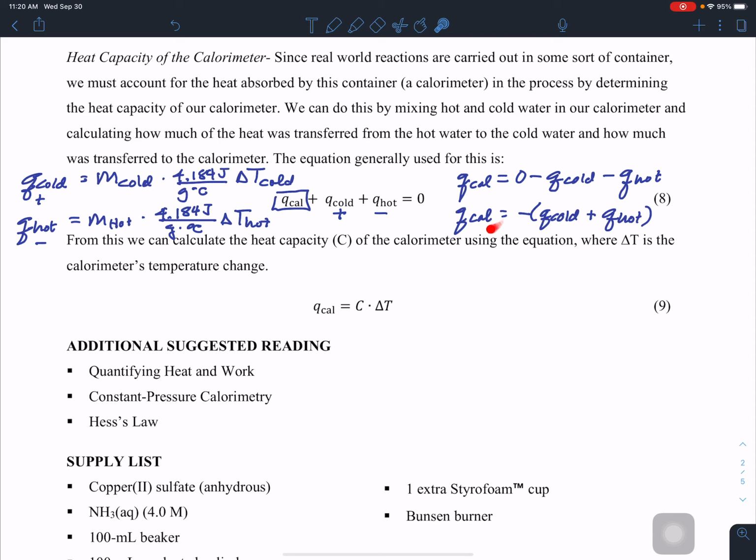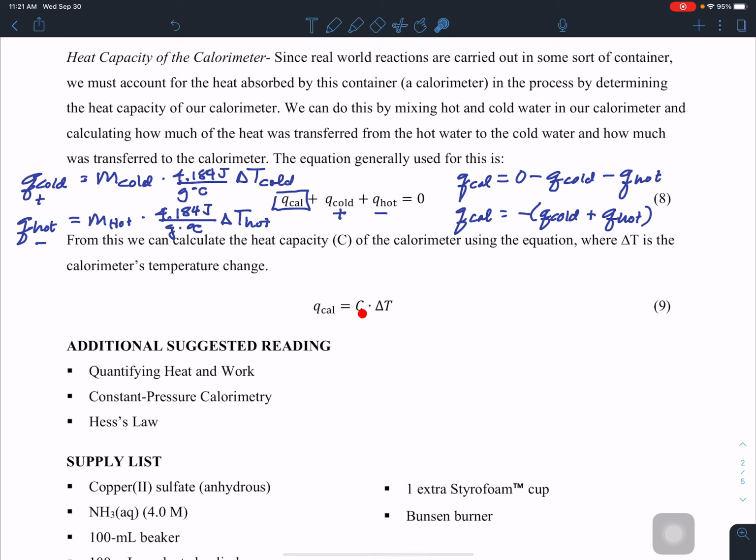So we can calculate Q cal in this way, and then we need to have a heat capacity so that we can correct for the calorimeter in our other relationships, in our other experiments. And so we're going to use this equation here.